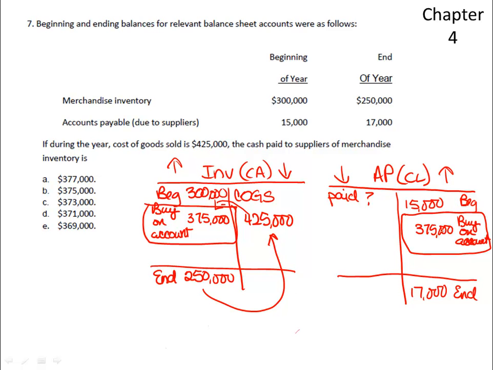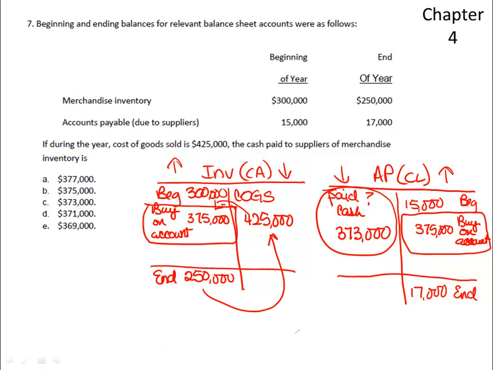So if you bought $375,000 on account plus the beginning accounts payable of $15,000 less the ending accounts payable balance, the difference is how much cash you paid. And so if I did my math right, it's $373,000 was the amount of cash paid to the suppliers for inventory.